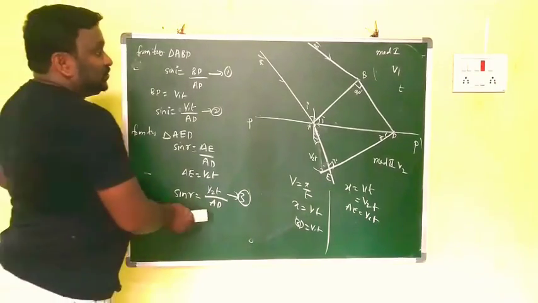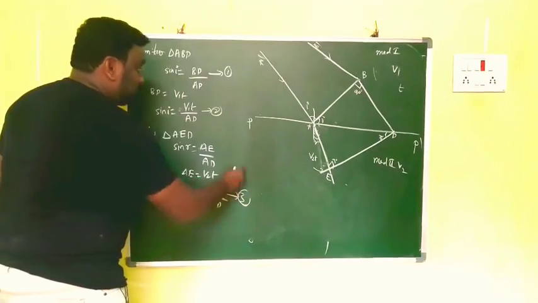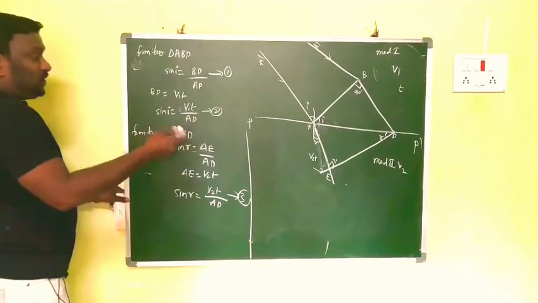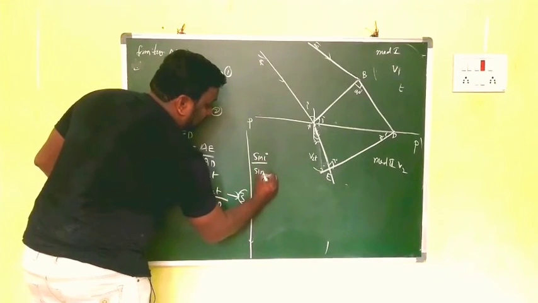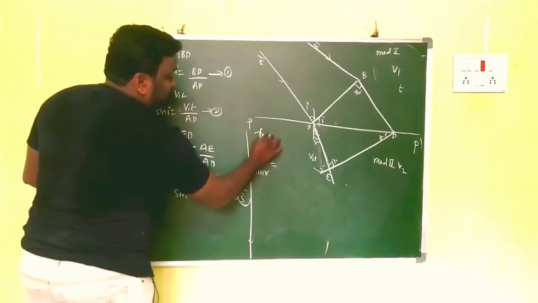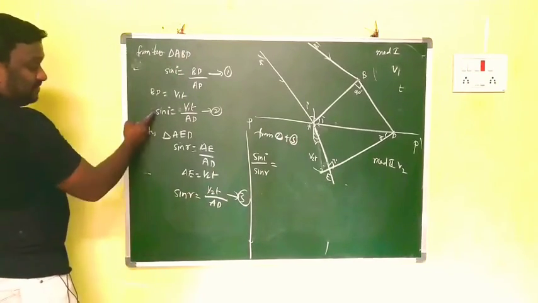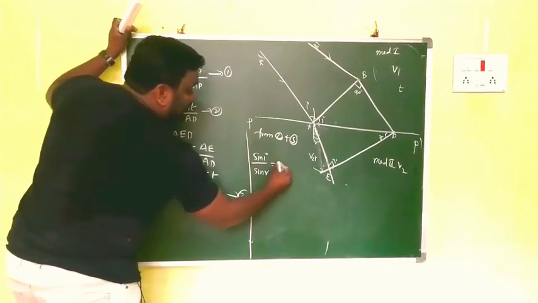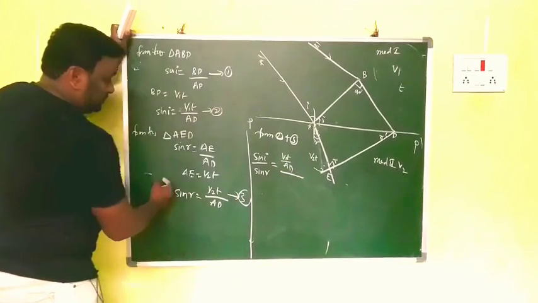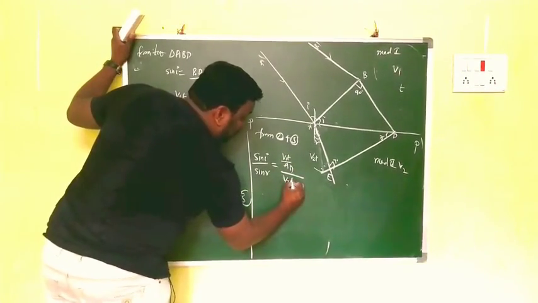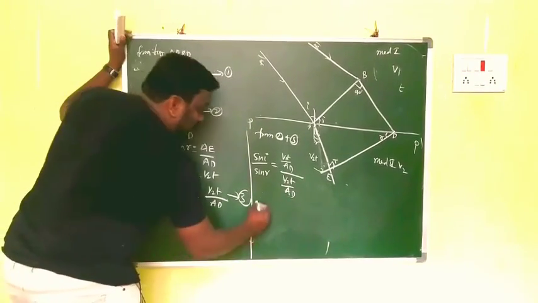Clear, children? So now, using 2 and 3, I am dividing 2 by 3 to get sin I by sin R. Sin I is v1t by AD, divided by v2t by AD. AD cancels. Then sin I by sin R is equal to v1t by v2t. t again cancels. Then what you get?